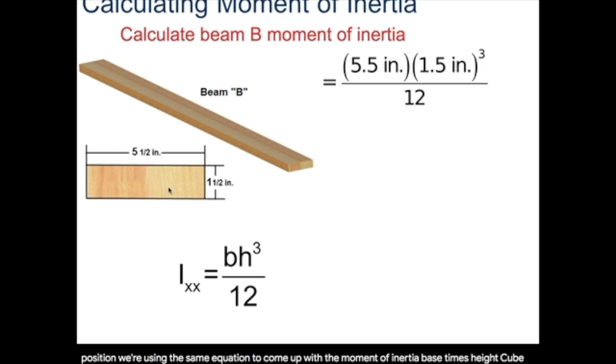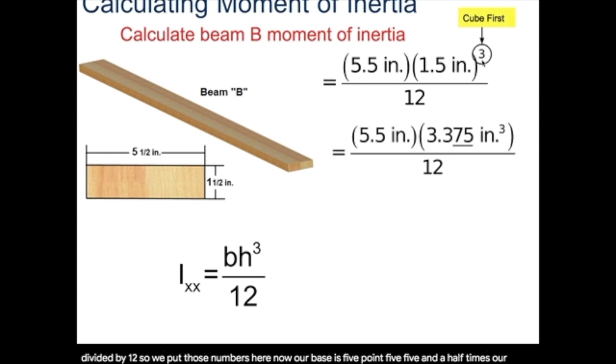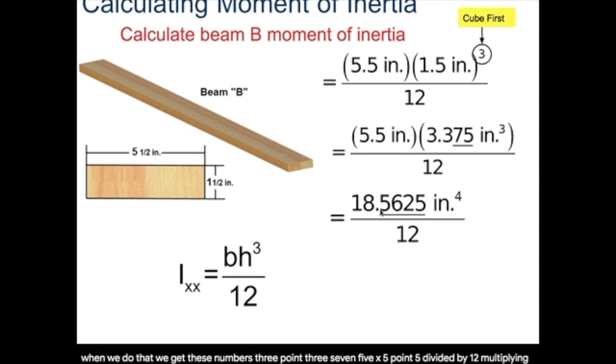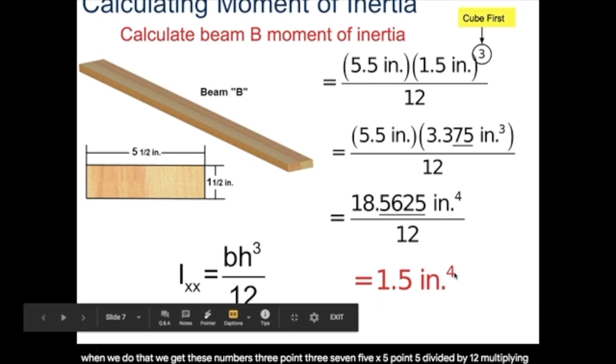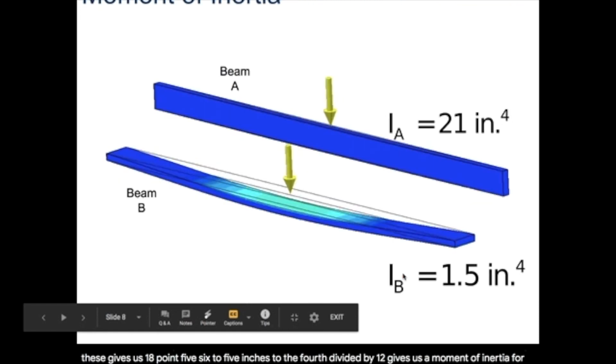Now our base is 5.5, times our height of 1.5 cubed, divided by 12. Again, we always want to make sure we cube this first, and then when we do that, we get these numbers: 3.375 times 5.5 divided by 12. Multiplying these gives us 18.5625 inches to the fourth, divided by 12, which gives us a moment of inertia for this beam in the plank position of 1.5.